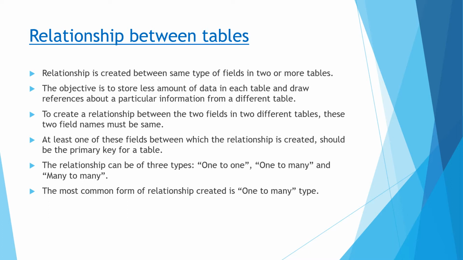Now, if I want to know which item name is bought by which customer, and I also want to know which item category that item name falls under, how am I going to find that out? That depends on the relationship between these tables.